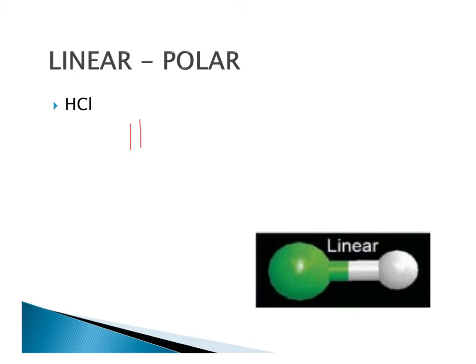If we draw this out, we see that hydrogen and chlorine will have this type of relationship in which chlorine has a higher electronegativity value than hydrogen. Hydrogen has an electronegativity value of 2.2, while chlorine has an electronegativity value of 3.2.